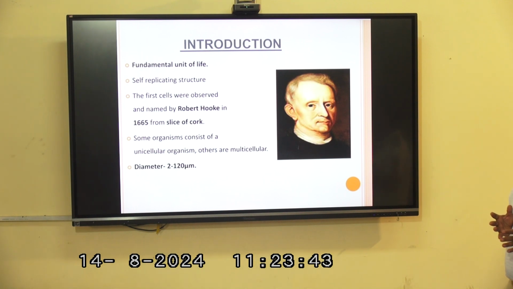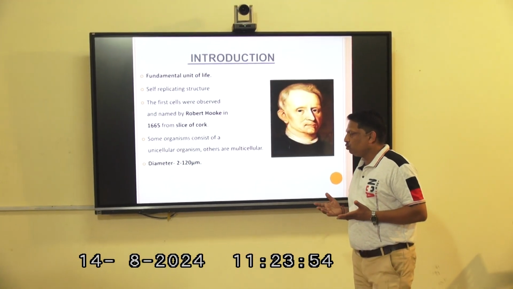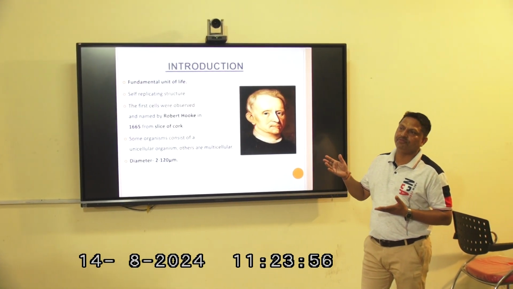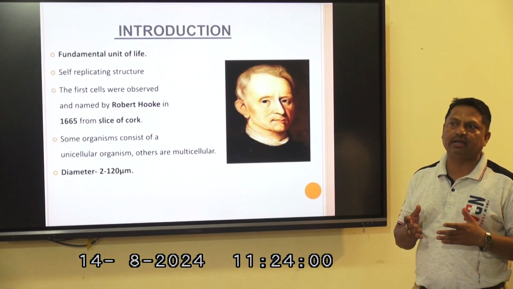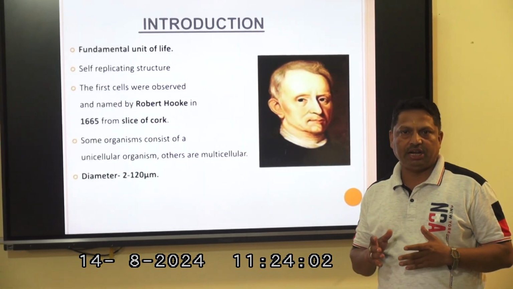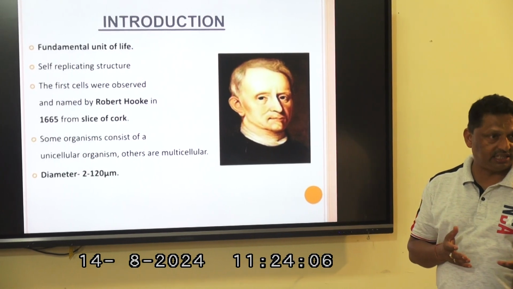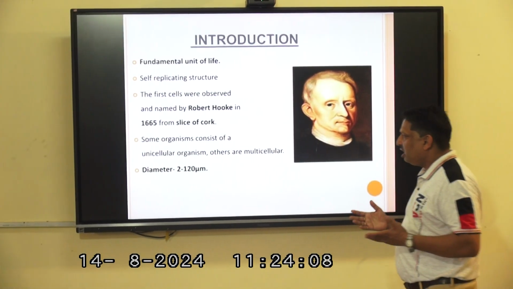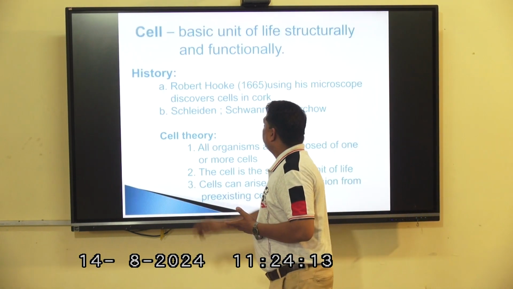Bacterial cells are unicellular organisms, and the average diameter is 2 to 120 micrometers. This is not a fixed measurement, but it varies depending on the structure and function of the cell and the place where the cells exist in nature. The general average diameter is 2 to 120 micrometers.